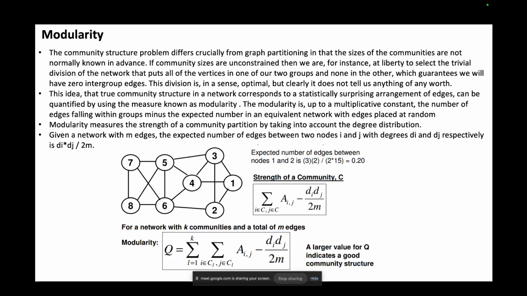Modularity is, up to a multiplicative constant, the number of edges falling within the groups minus the expected number of edges inside them in an equivalent network with edges placed at random. So how you define modularity is the number of edges that fall inside one of the groups.